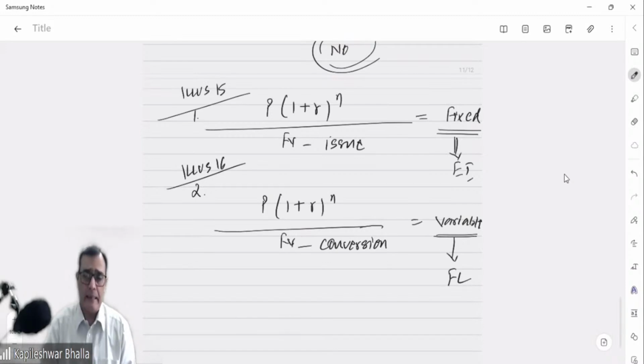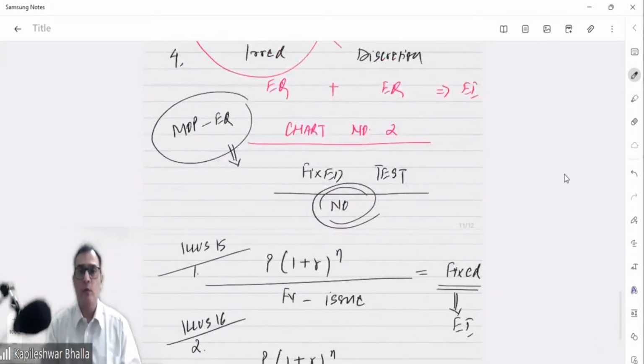So in chart number 2, I am working with the input that both components are certainly being paid. You can indirectly say that there is a mandatory payment of both the principal and the return element. I'm not considering a discretionary element in the return. That will get covered in chart number 3. So I hope chart number 2 is pretty clear, where the mode of payment was just equity shares for both the principal and the interest.